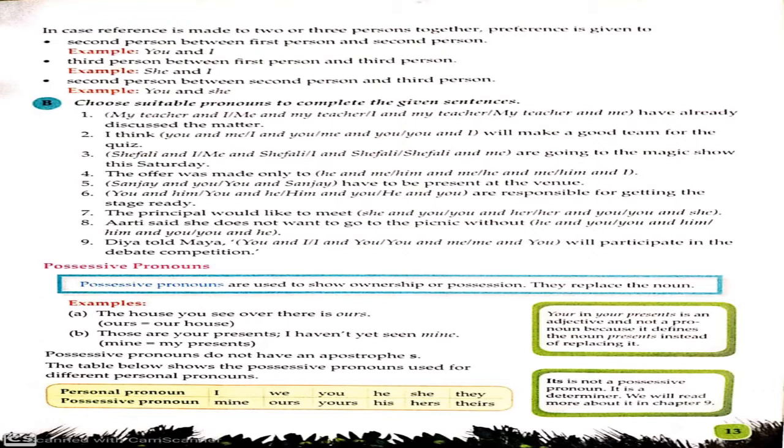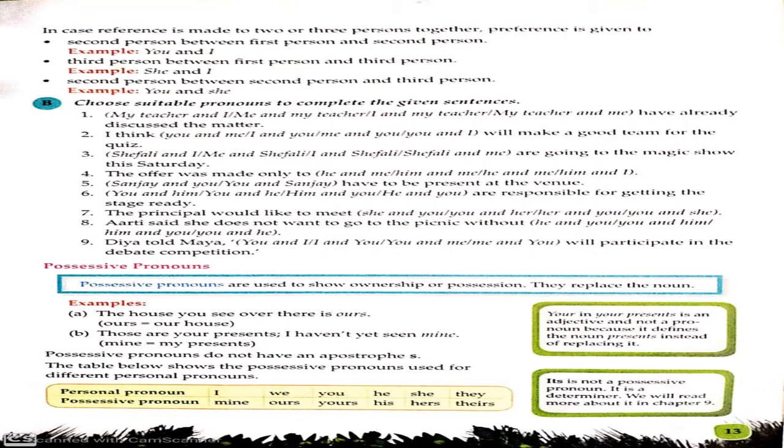So she and I is the correct way to begin the sentence. You will not be using I and she. You will begin the sentence with the third person and then the first person. Then second person with the third person.